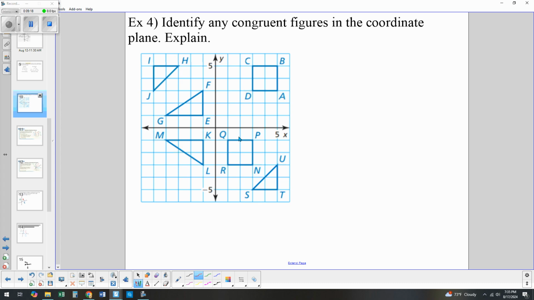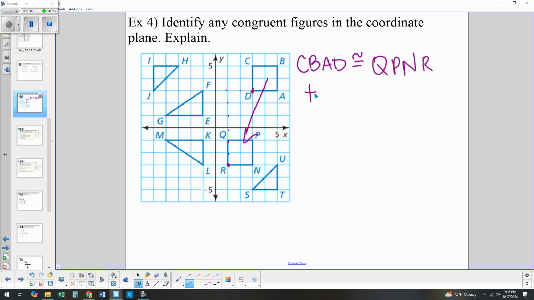The most obvious ones are these squares. So these squares look like they shifted from one to the other. So if I made a congruence statement and I said that CBAD is congruent to, I'm going to make sure I match them up in the appropriate spots, like C should have matched with Q. Then we went over to B, so it goes over to P. Then we went down to A, so I'm going to go down to N, and then over to R. And the way I got from this to this, if we pick a pair of matching points, I went to the left 2, and down 1, 2, 3, 4, 5, 6.